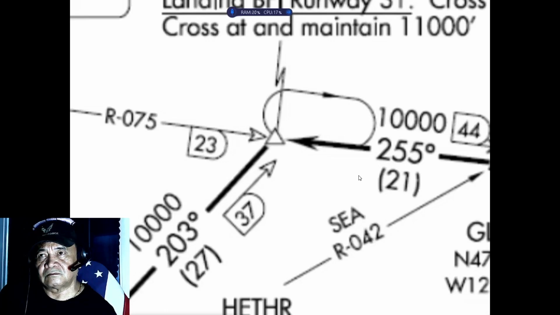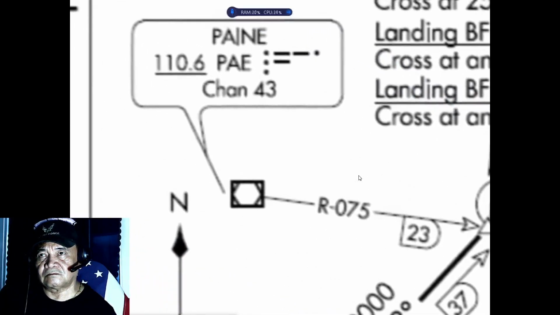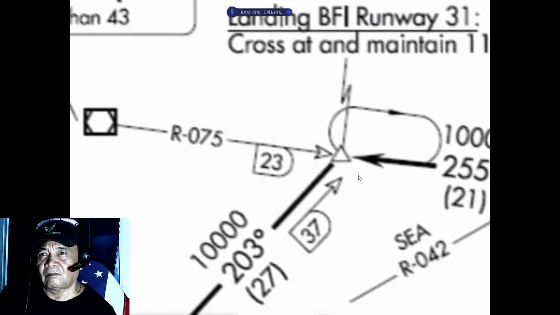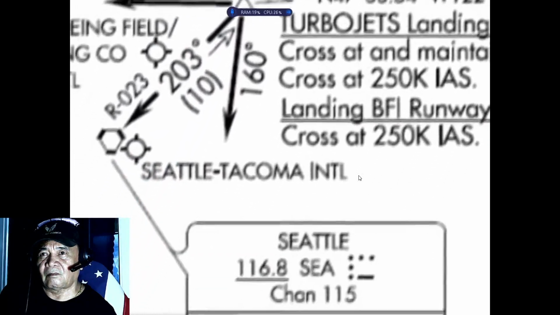Well, then your only way to navigate would be to use VORs, and this information would be crucial to you. The 23 indicates that Jackson is 23 nautical miles away from the Payne VOR on an outbound radial of 75. The 37 tells us that Jackson is 37 nautical miles away from the Seattle VOR.